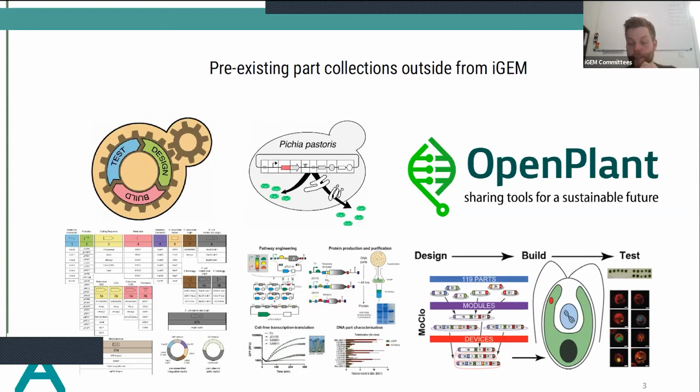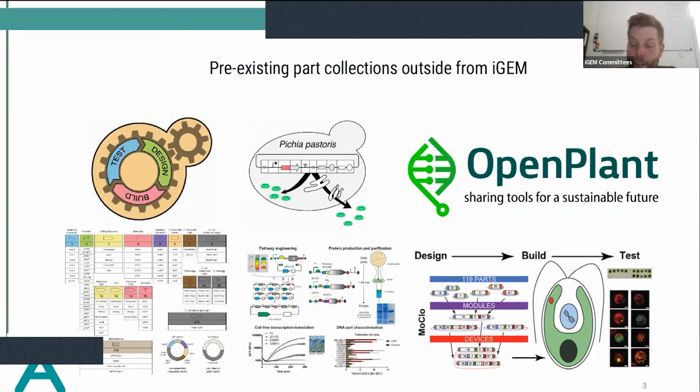So it's possible, I would say, for many iGEM teams, if you see something super interesting for your project there, you can order these toolkits from Addgene. As I said, there's toolkits for many bacteria, E. coli, Pseudomonas, yeast, algae, plants. There are toolkits out there outside from the iGEM community.